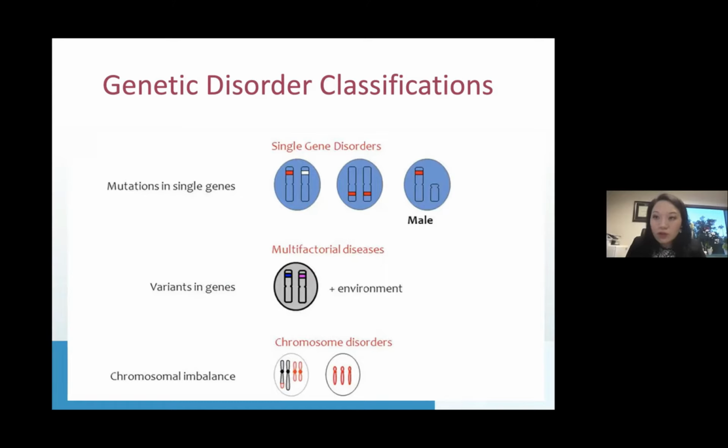Others like mitochondrial disorders and epigenetics are also important, but most of the conditions featured in my talk will be either single gene genetic disorders or multifactorial diseases and their interactions with the environment.